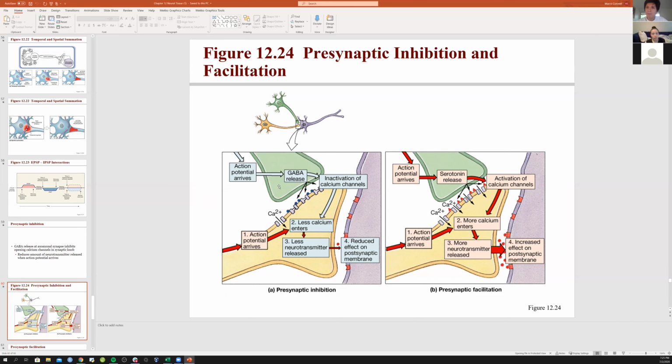However, sometimes there are GABA receptors at the axon ending, and there is this neuron over here releasing this neurotransmitter, and this is an inhibitory neurotransmitter. It will inactivate calcium channels. How does it inactivate calcium channels?